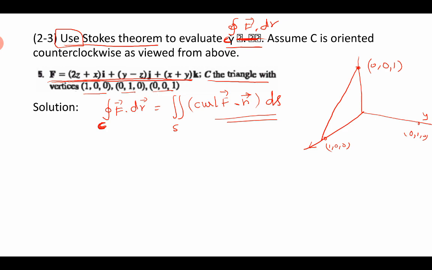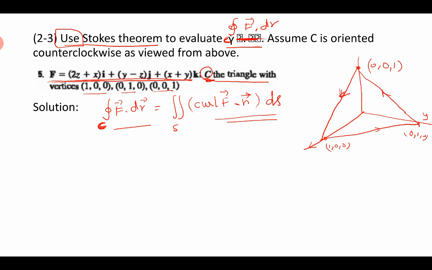So this is the triangle C given, isn't it? There are three curves together. If you want to integrate for the left hand side, you should have three different curves. But now we are directly using the right hand side. So we want the surface, and we are going to project this one on the xy plane if necessary to find the limits of dS.